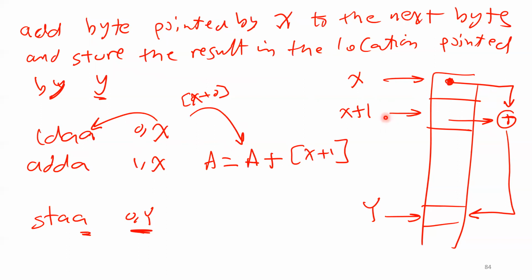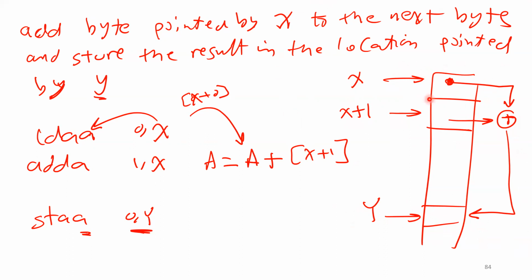Is that okay? So I want to add 2 bytes in memory. The address of the first byte is pointed by x. The address of the next byte, the second byte, should be pointed by x plus 1. That's okay? And I want to add these 2 bytes, and then I want to store the result in the location pointed by y. Is that okay? So let's see how can we do that.